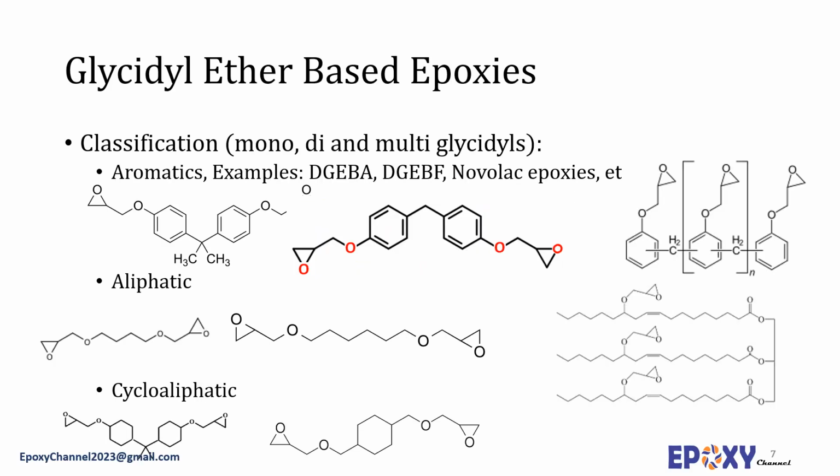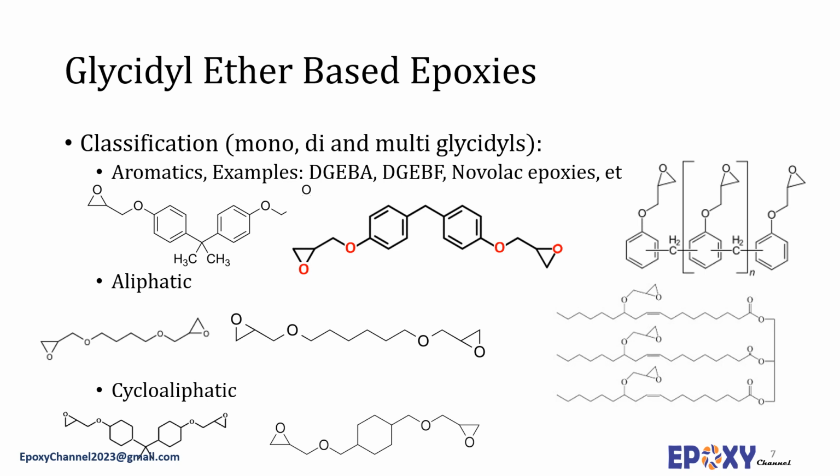As discussed earlier, when glycidyl groups are attached to the structure through an ether bond, R-O-R', we have a glycidyl ether epoxy. Based on the structure of the epoxy, glycidyl ether resins can be classified into three main categories, including aromatics, aliphatics, and cycloaliphatics. As the nomenclature indicates, in aromatic glycidyl ether systems, at least one aromatic ring is present.